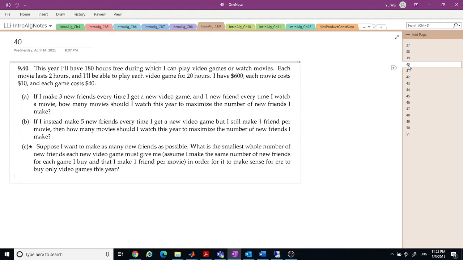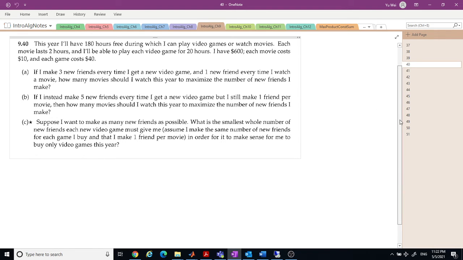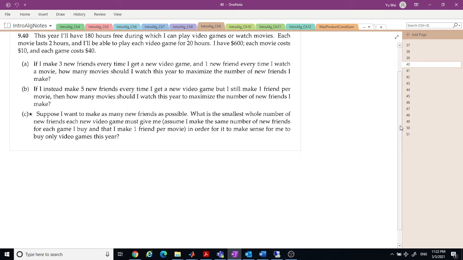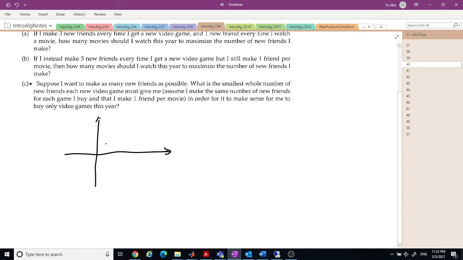Okay, so next, for this problem I will talk about how we find the linear maximum value in a bounded region. So basically the general problem will be like this.